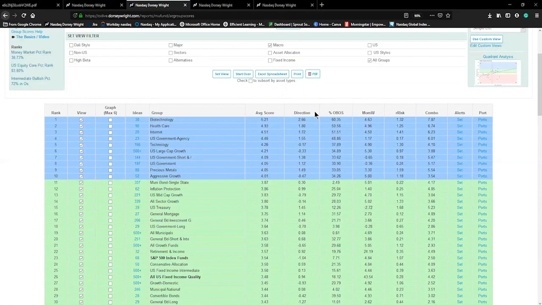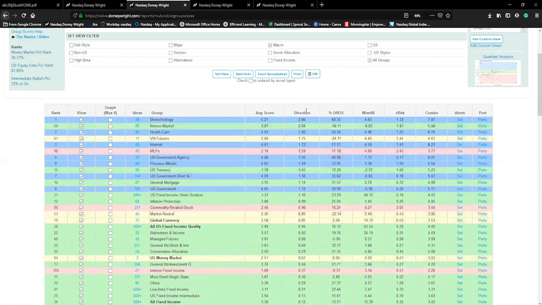We can click on that column to see which groups have shown the most score improvement over the past 6 months from a near-term low. You can see biotechnology is the #1 scoring group by that average score, as well as the #1 group by direction. But an interesting thing to note on the left-hand side of the page: as I mentioned, that rank stays static to the group's position based upon that score, regardless of what column you click on to sort by.